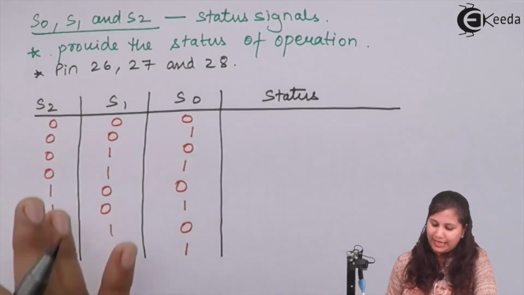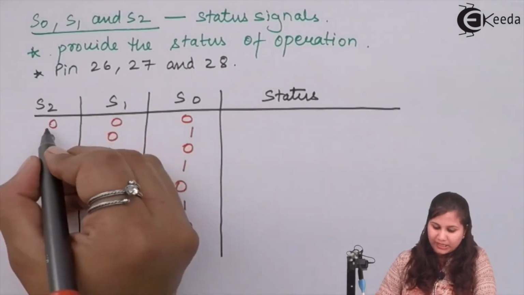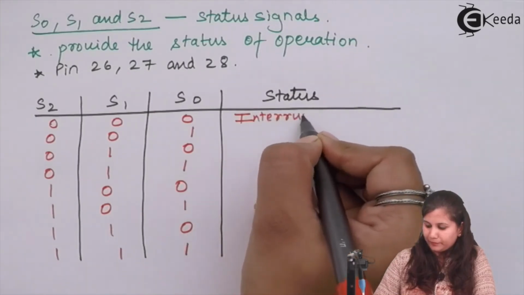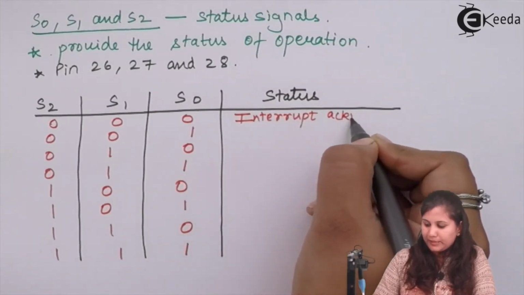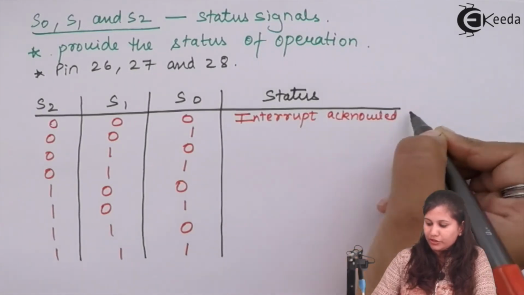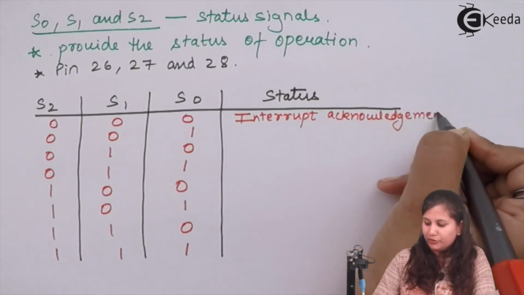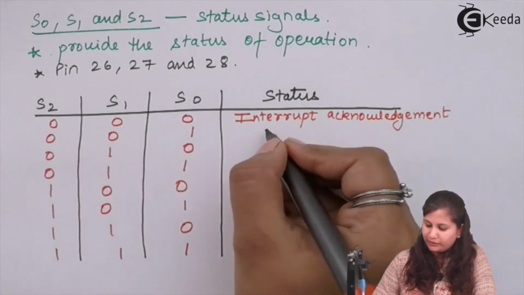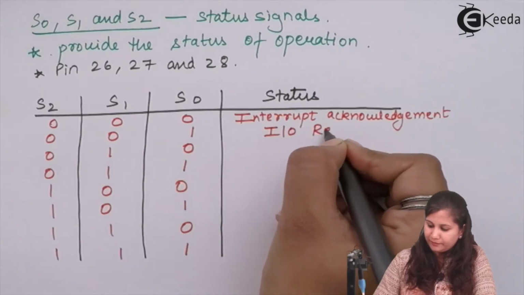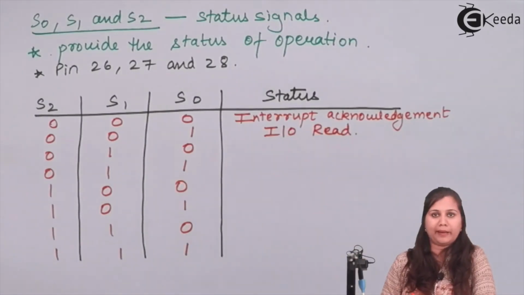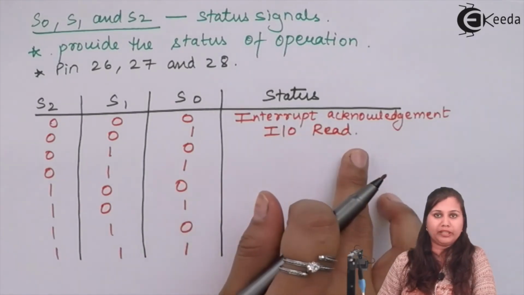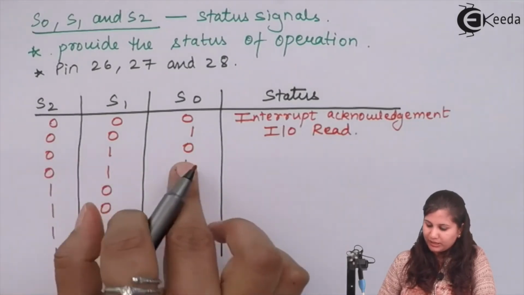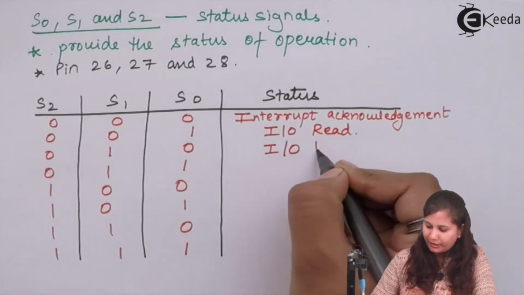So three signals can have 8 combinations. When it is 0 0 0, it means interrupt acknowledgement, meaning the processor is going to acknowledge the interrupt and generate the INTA signal. Then we have 001, which will be an input output read, meaning the microprocessor is going to read the data from an input output device. Then 010 is input output write.